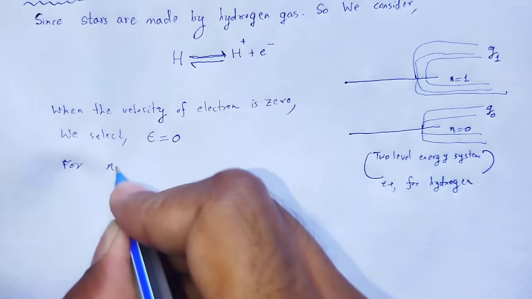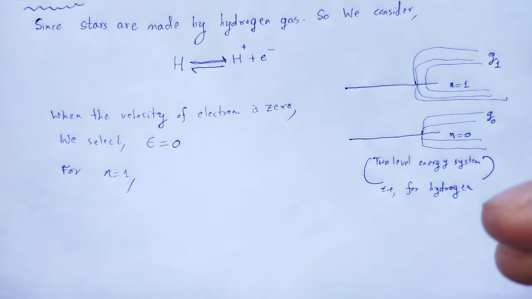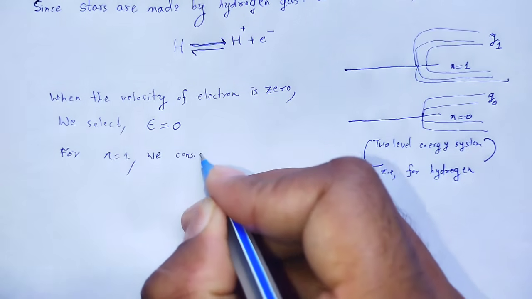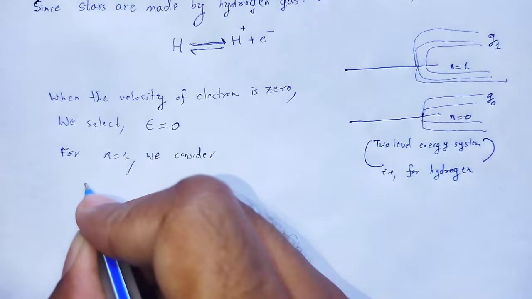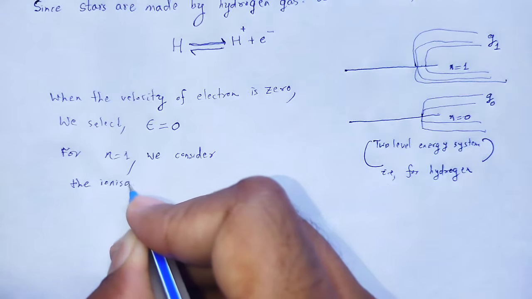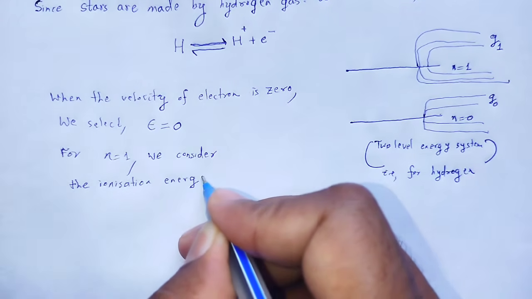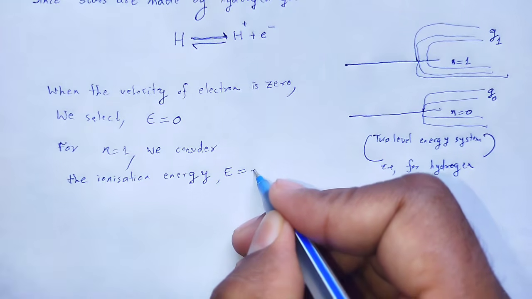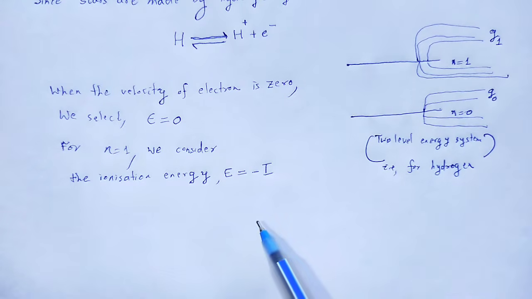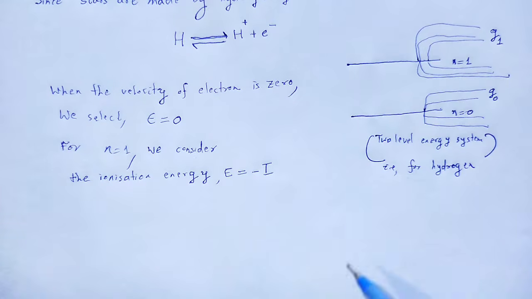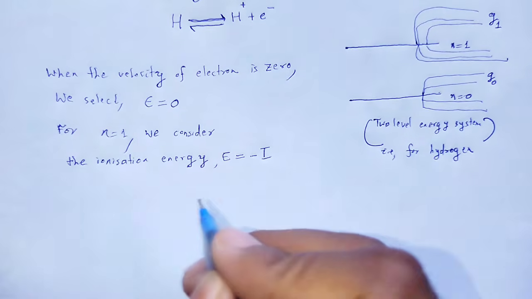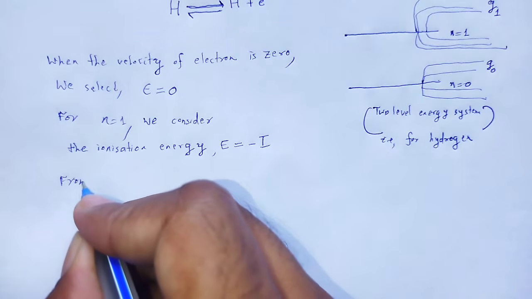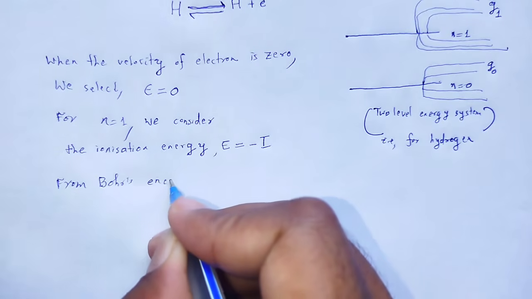For n is equal to 1 at the first excited state, we consider the ionization energy E, which is equal to minus I, for n is equal to 1, and that ionization energy can be calculated by using Bohr's energy equation.